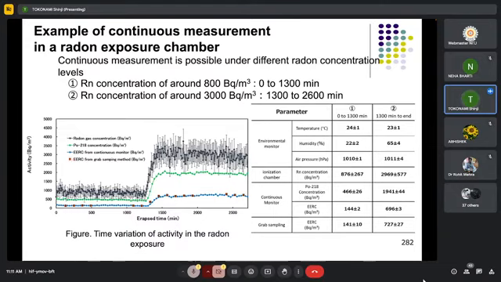Here, this square dot is EEC from the grab sampling method. This is polonium-218 concentrations. There's a good agreement between the continuous monitor and the grab sampling method.